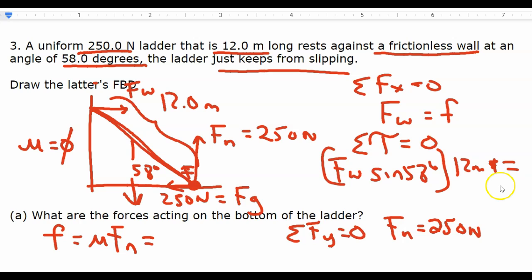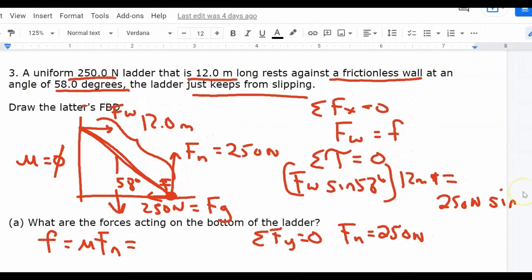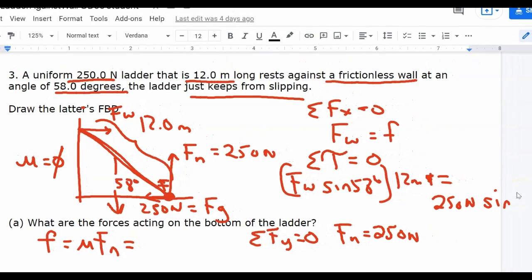What's its angle? So that is 250 times sine of what? Well, we're saying that this torque equals that torque. So I'm doing the weight of the ladder now. Yes, it's 250 times sine.